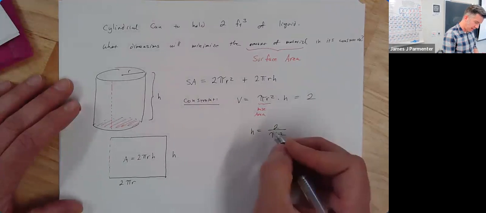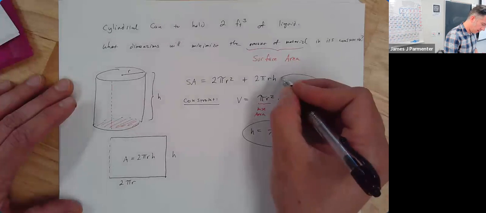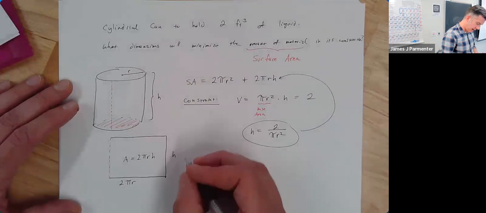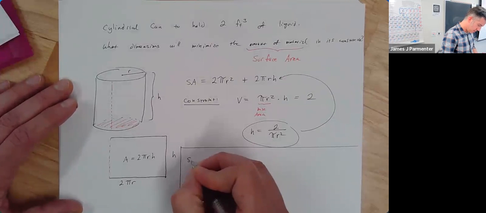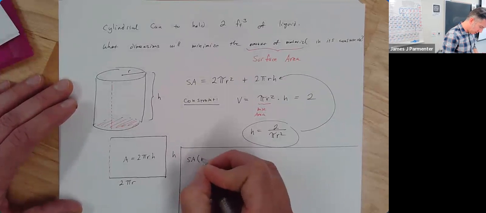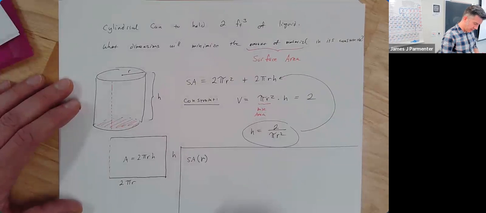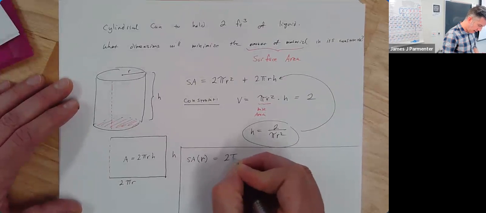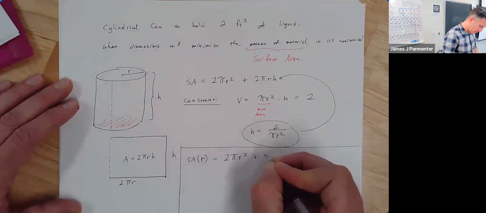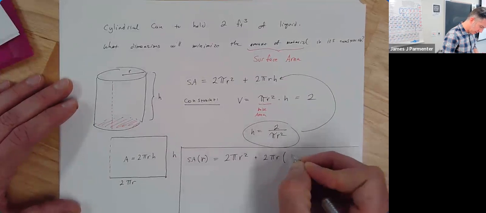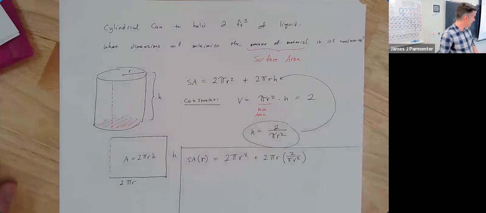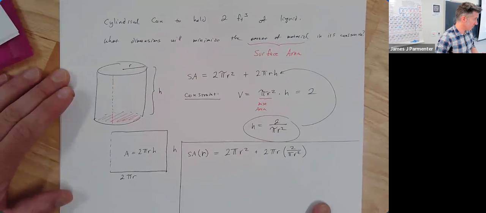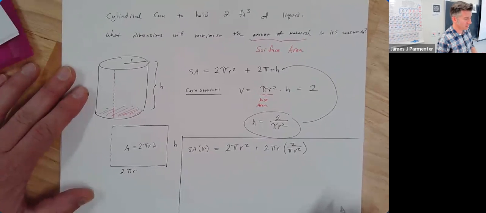And then we're going to plug that in for the h right there. So now my new surface area equation as a function of just r, getting rid of the h, is going to be 2 pi r squared plus 2 pi r times 2 over pi r squared. It's definitely in your interest to simplify this expression as much as possible before you differentiate and set it to 0.